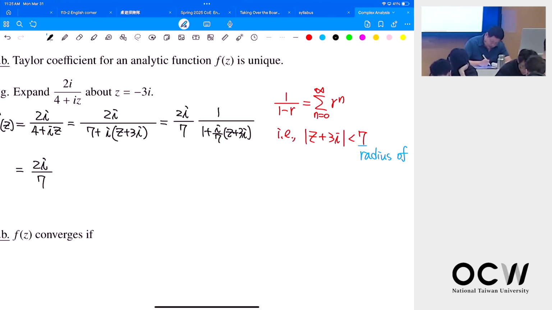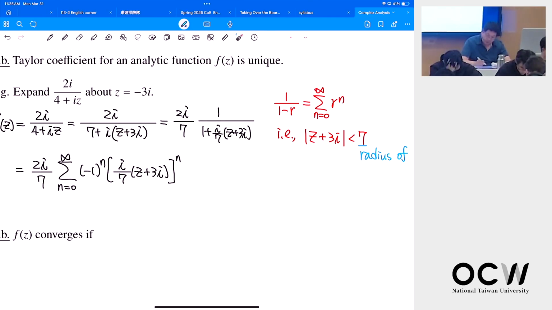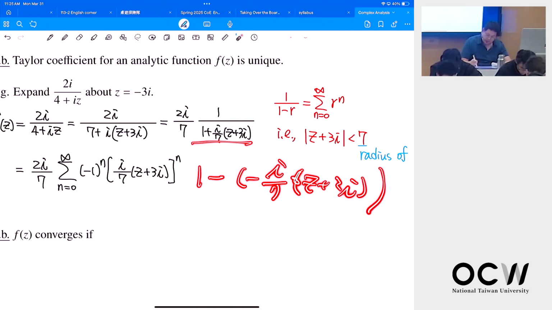I get the summation n from 0 to infinity, and minus 1 to the n, and then your ratio, i over 7 (z plus 3i), to the n. This is your ratio r, right?